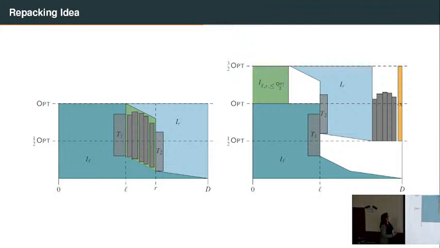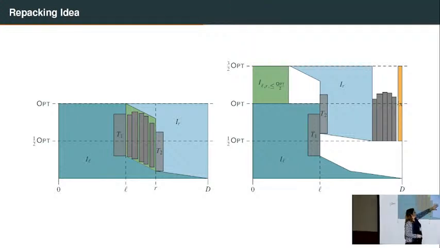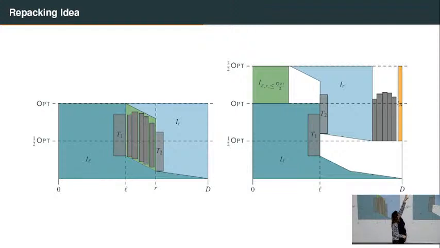The general idea is to consider different cases of how an optimal packing can look. This is one example. And then see that we can somehow shift items or blocks in this packing such that it looks like this, for example, and has a height of at most 3/2, and we can either introduce this item or sort that.